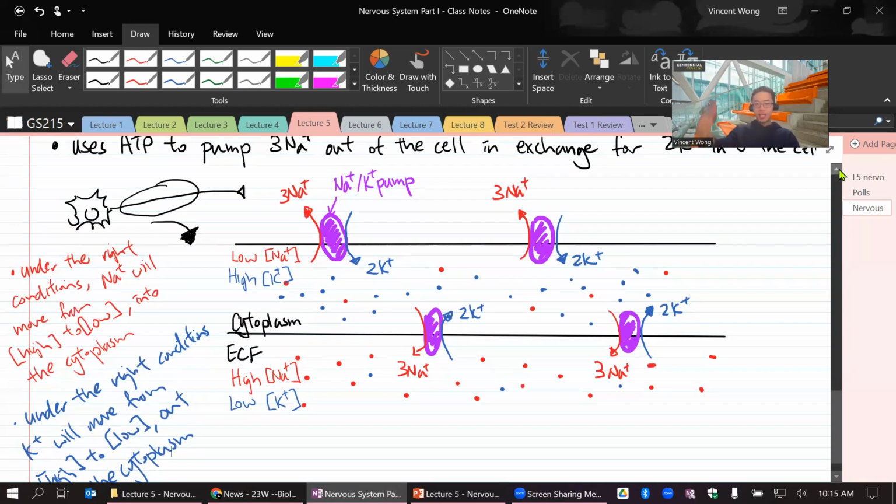So for each cycle, we are losing 3 positives and bringing in 2 positives. So my question to you is, if we let this happen for some time, ultimately, is it more positive outside or more positive inside?